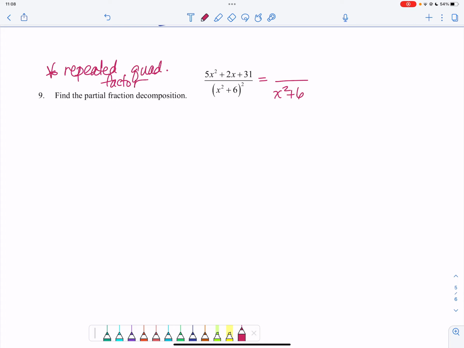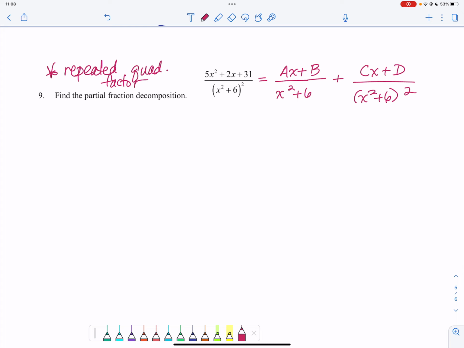We have ax plus b over x squared plus 6, plus cx plus d over x squared plus 6 all squared. So that's how we set up the decomposition when we have repeated quadratic factors.